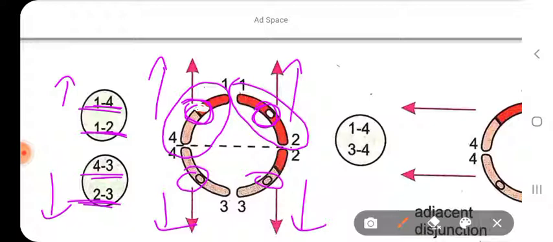The homologous centromeres are going to move to the same pole, not the homologous chromosomes. Only the homologous centromeres are moving to the same pole. This type of segregation occurs very rarely. It is a very rare case because it is difficult for the homologous centromeres to go to the same pole.